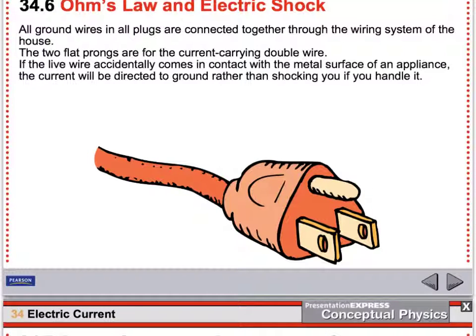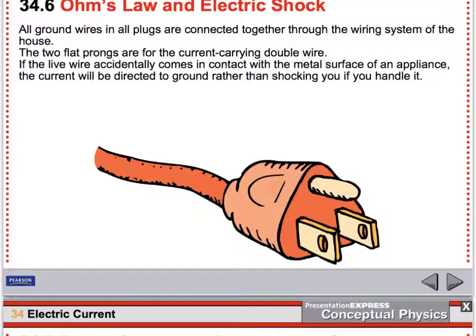Now, you probably have also seen plugs where they have that third prong on them. That's called the ground. It's an extra wire that's connected to the surface of the appliance and to other ground wires, which ultimately lead to literally the ground. In a car, it leads back to the negative side of the battery. This is a level of protection.